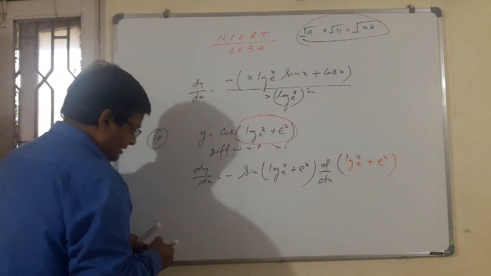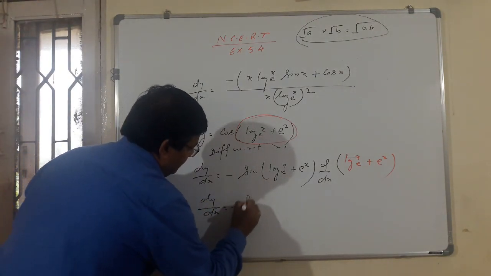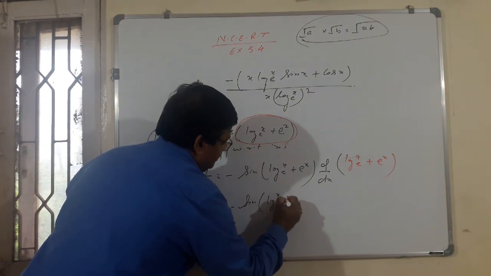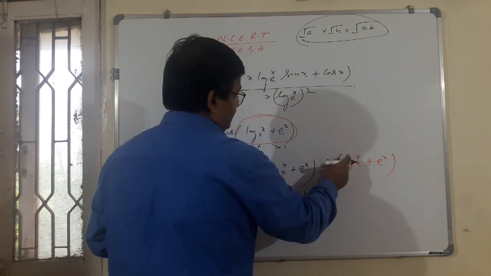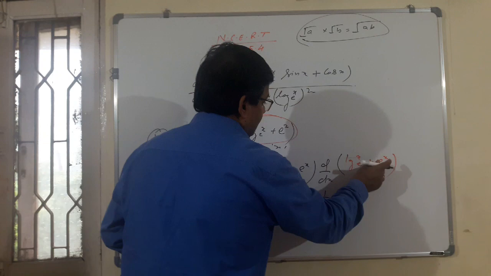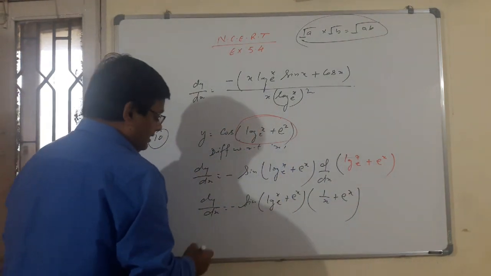So dy by dx is equal to minus sin of log x to the base e plus e to the power x, into differentiation of log x to the base e, which is 1 by x, plus differentiation of e to the power x, which is e to the power x.